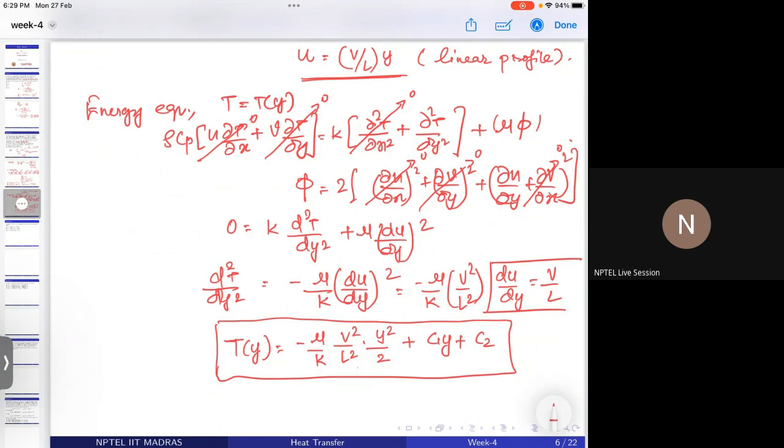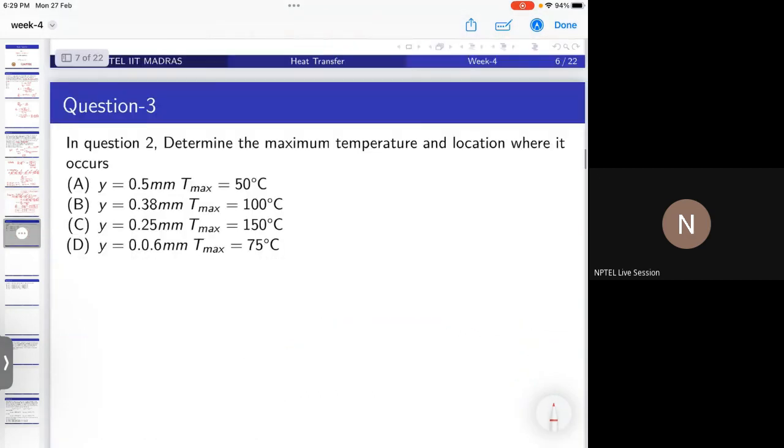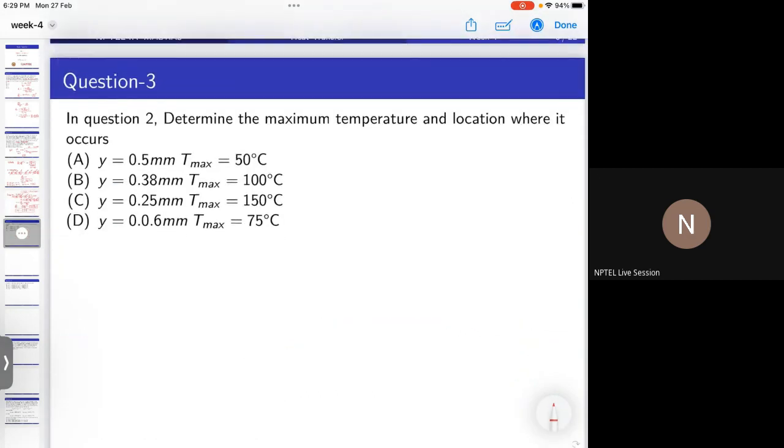So the temperature is a quadratic function of y, but velocity is a linear function of y. So that is our conclusion. Now next is the same problem, a continuation. We have to determine the maximum temperature and the location where it occurs.